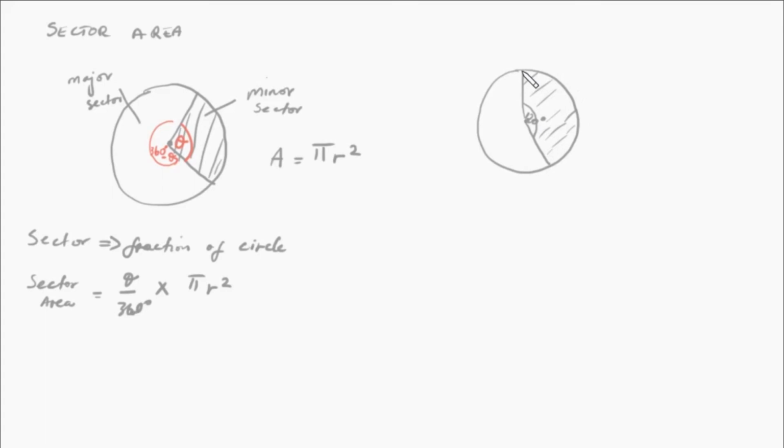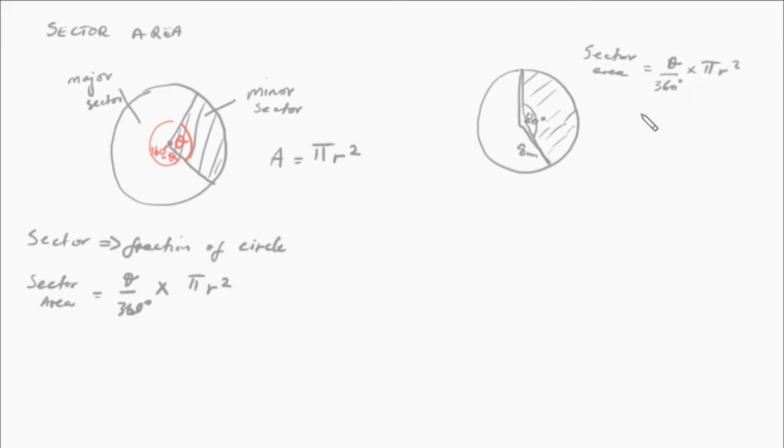The shaded region here is the minor sector. It's this one. Let's say the radius here is 8 centimeters. Now, you know that sector area equals theta over 360 degrees times pi r squared.